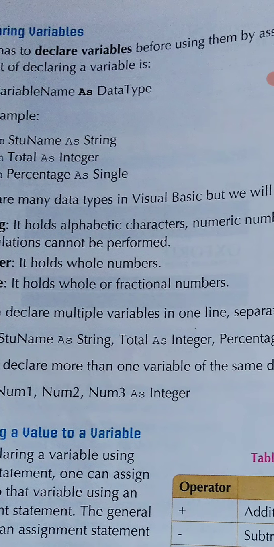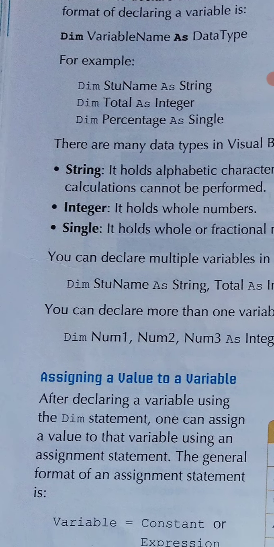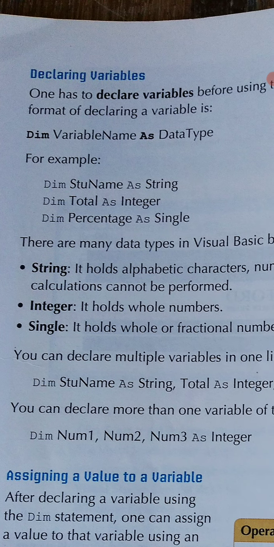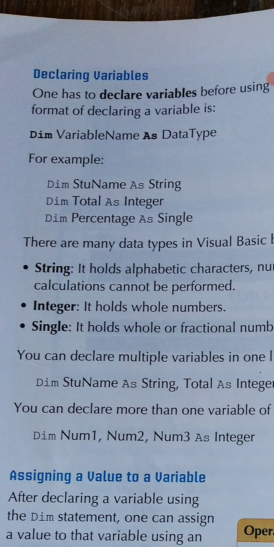That's why this one is taken as single. Clear this much? What is Dim? This Dim is used for declaring variables. Clear? No doubt regarding this part of declaring variables?